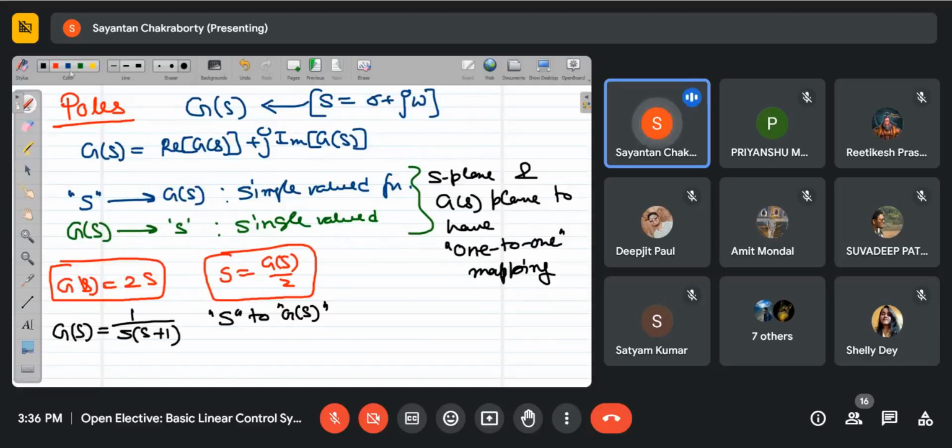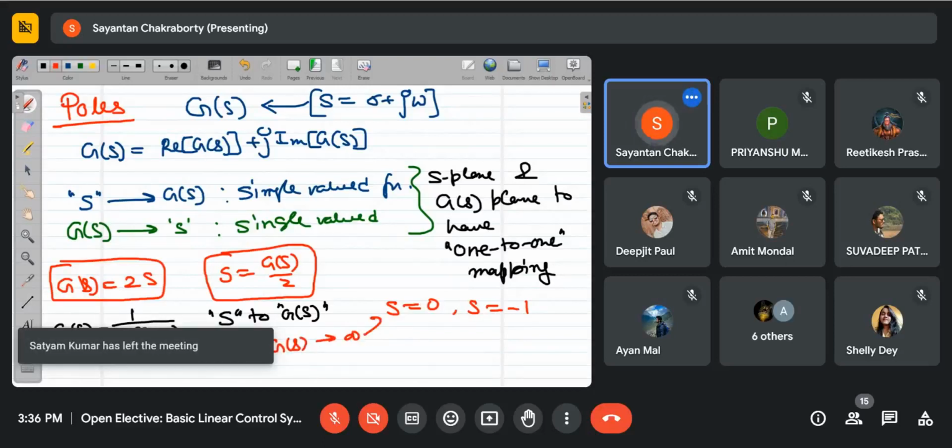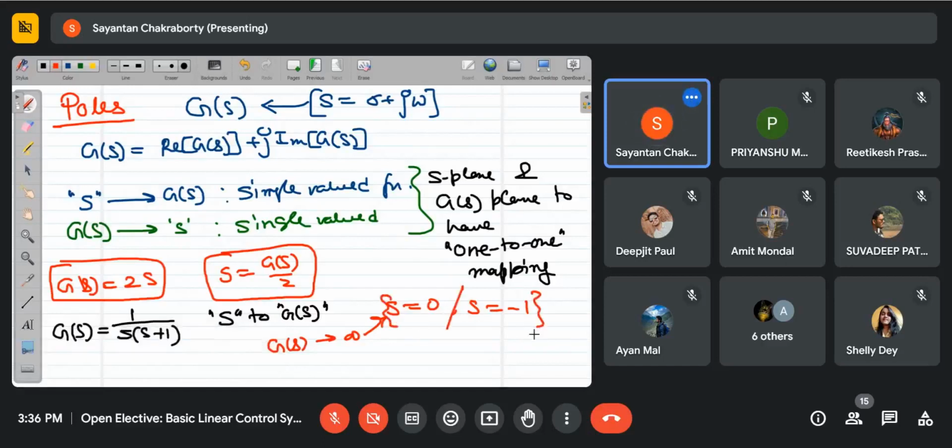But there is a catch. For s equal to 0 and s equal to -1, the inverse mapping is not true, because G(s) tends to infinity will imply either s equal to 0 or s equal to -1.